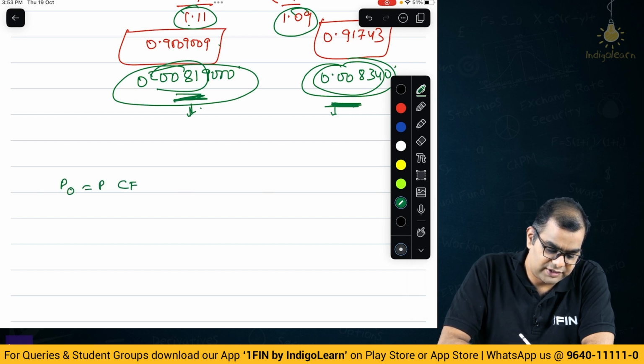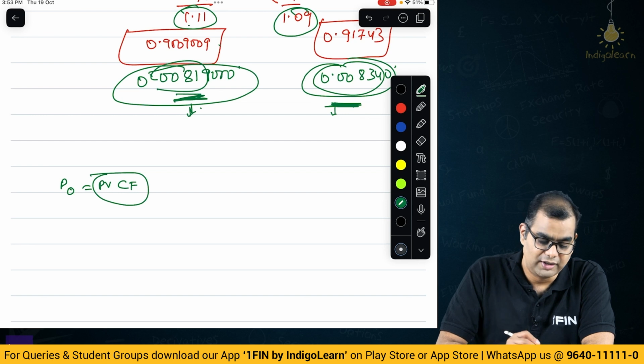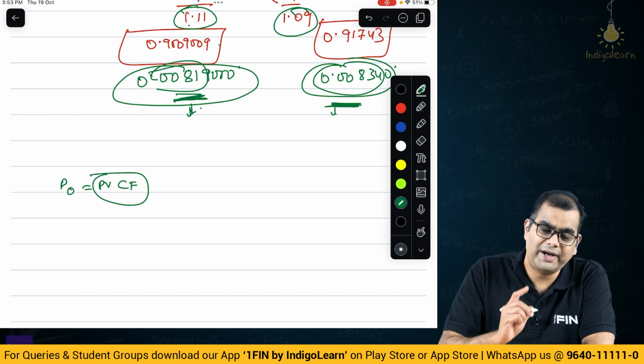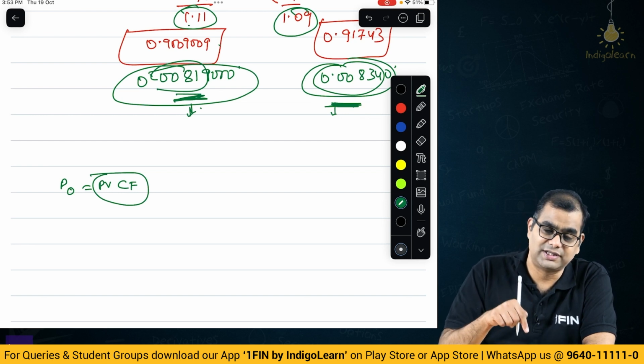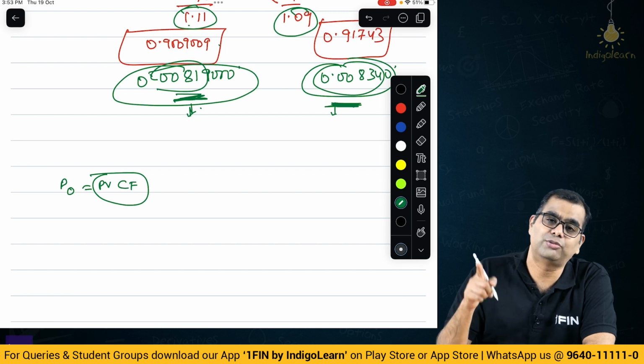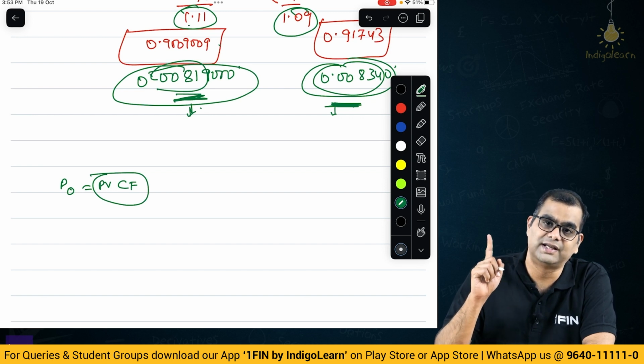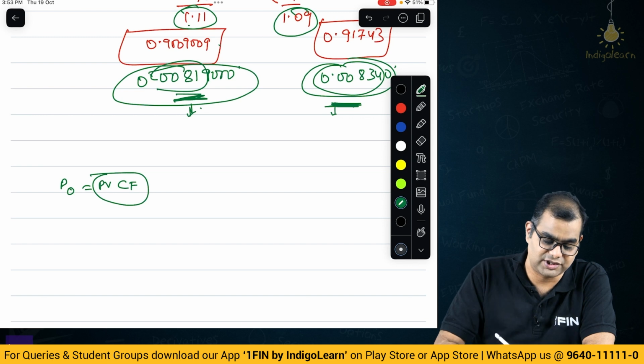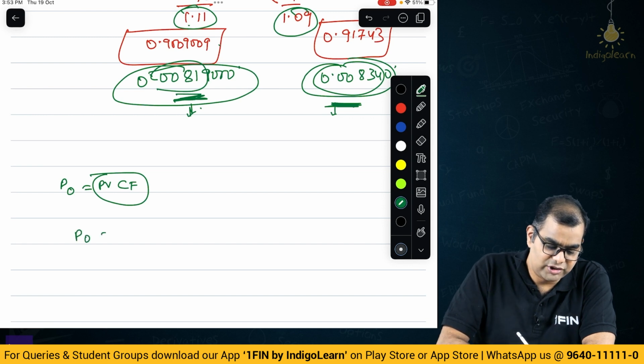P0 is equal to present value of cash flows, correct? If you go back to your derivatives chapter, not this derivatives, not put, call, option, forward, future, I am referring to mathematics, derivative, calculus, differentiation chapter, where P0 is equal to sigma cash flow present value.